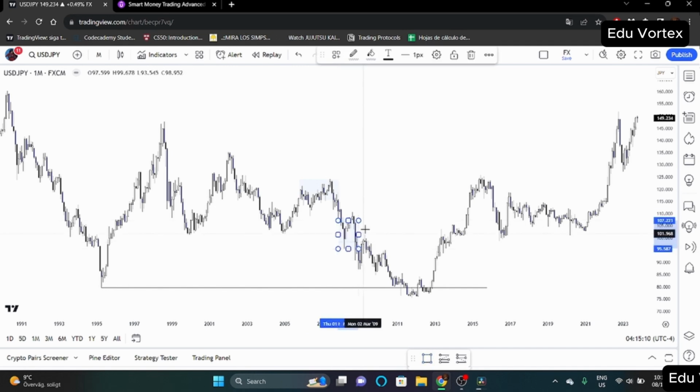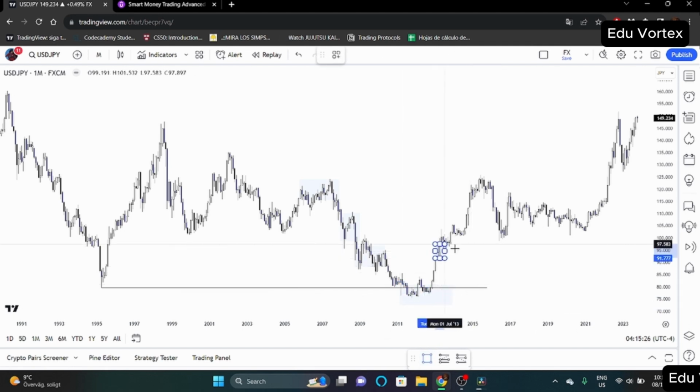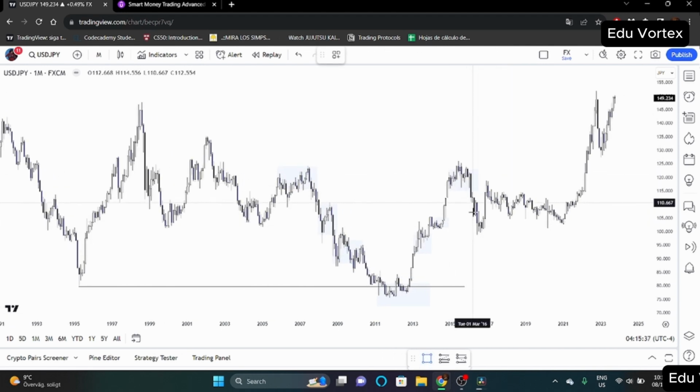First accumulation, second accumulation, remember they accumulate at the up candles, reversal, first accumulation, second accumulation, reversal. This was a short accumulation, reversed after taking these stops right here.